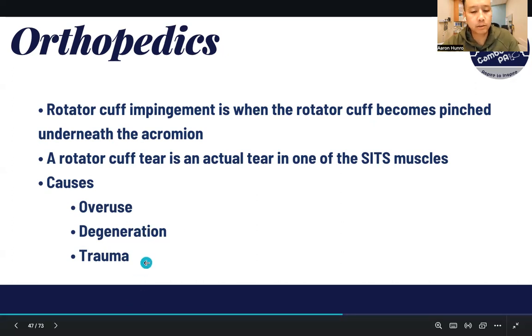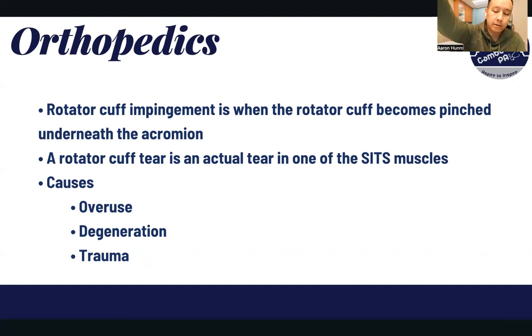And obviously trauma. So with a fall, stretching out and having their shoulder bent backwards, things like that. Direct trauma to it if somebody gets hit. If it's strong enough, it can potentially cause a tear as well.